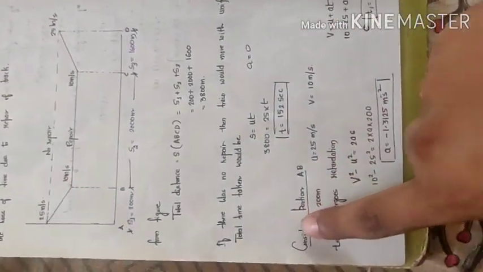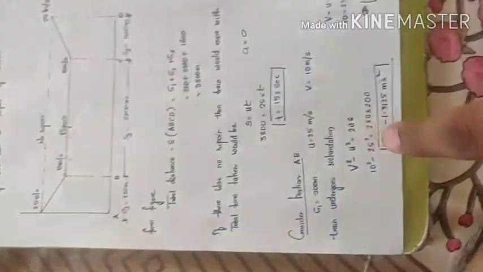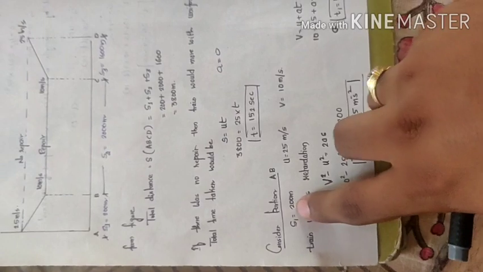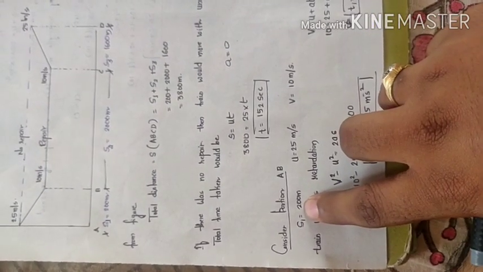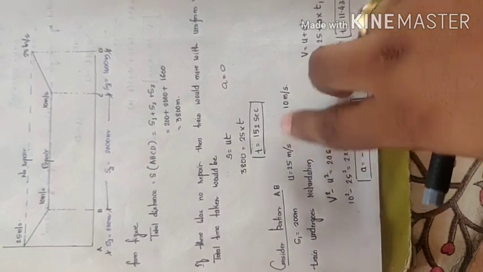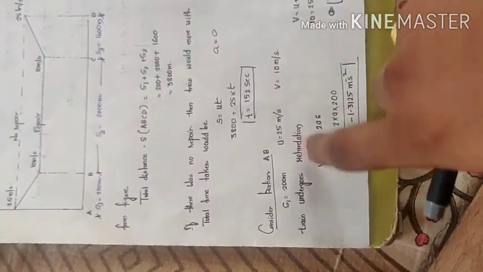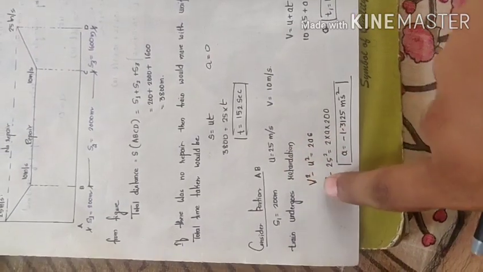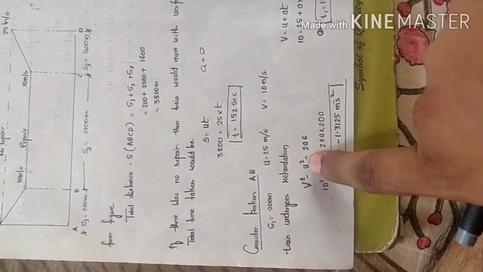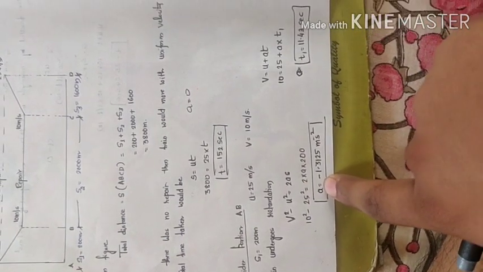Firstly, I'll consider portion AB. What data do we know with respect to that? The distance between A and B is 200 meters. Initial velocity of the approaching train is 25, decreasing to a velocity of 10 meters per second. So the train is undergoing retardation. Using the relation v squared minus u squared is equal to 2as, I'll calculate the retardation, or negative acceleration.